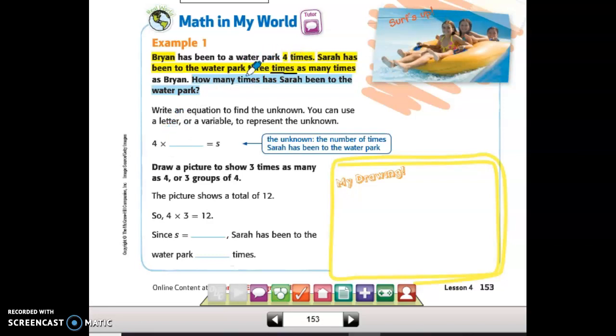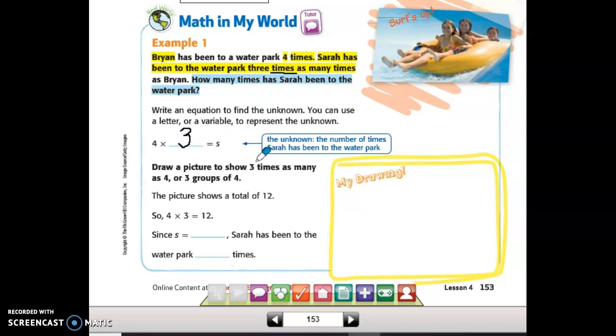And since it says 3 times as many, 4 times 3. They made the answer the variable in this case. You cannot solve a problem with 2 variables like they left this problem to begin with. We had to go up to the problem and find that other number or you cannot solve it.